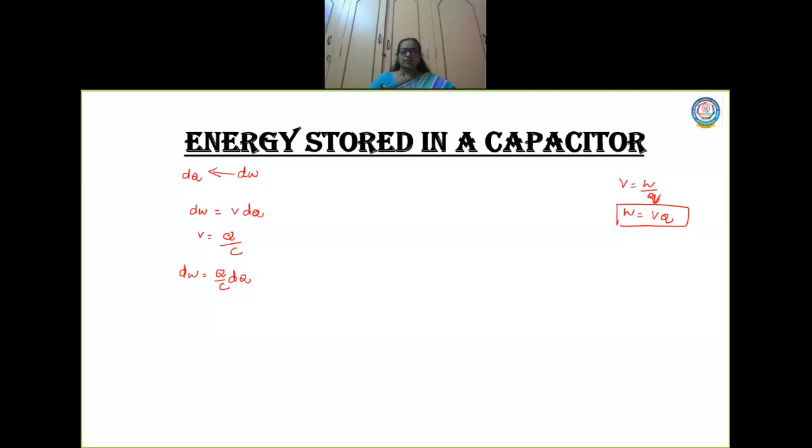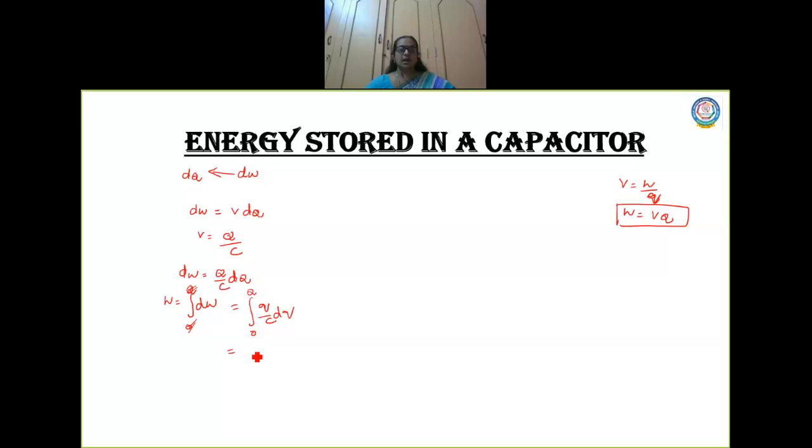When I integrate this, I will get the work done, which is stored as the electrostatic potential energy of the capacitor. So W will be the integral of dW, with the limits 0 to Q, of Q by C into dQ.